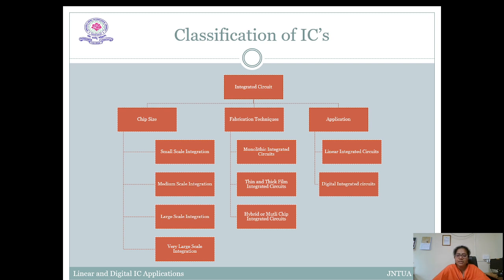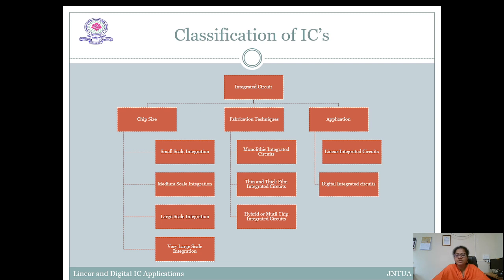And based on the fabrication technique, the classification is monolithic integrated circuits, thin and thick film integrated circuits, and hybrid or multi-chip integrated circuits. And based on the application, there are linear integrated circuits and digital integrated circuits. But our subject is linear integrated circuits, so we'll concentrate more on linear integrated circuits.